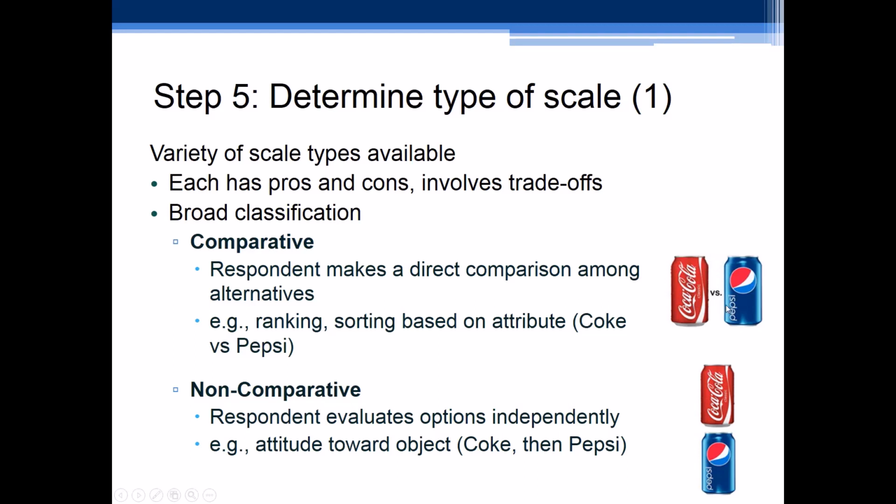When we ask people to rate taste for Coke and then taste for Pepsi separately, for the most part Pepsi comes out as the preferred taste. So we're getting entirely opposite results depending on the scale type we've chosen. It is important to think about whether you want relative judgments or just independent scores that you're going to then compare.